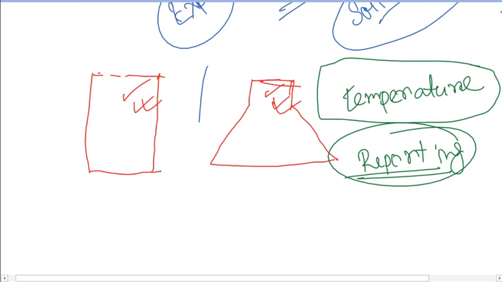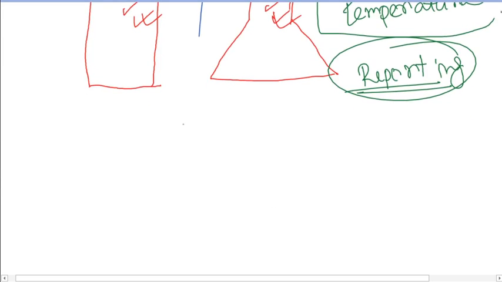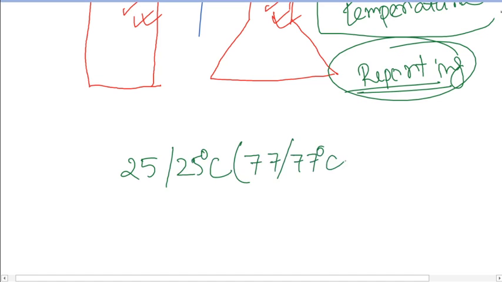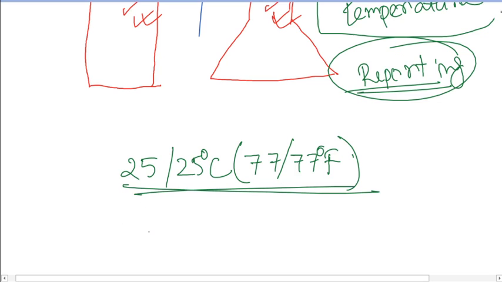According to this designation, ASTM, we will be conducting the test at either of two temperatures. One is 25/25 degrees centigrade, that is 77/77 degrees centigrade, sorry, not centigrade, Fahrenheit, specific gravity at this temperature, or it can be 15.6/15.6 degrees centigrade.